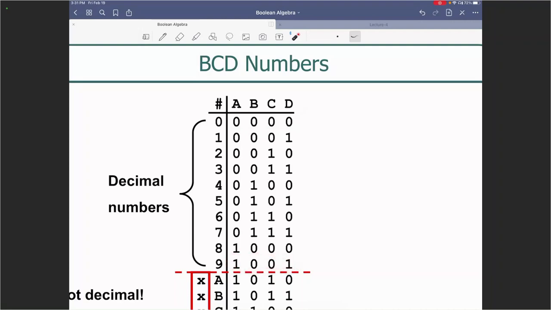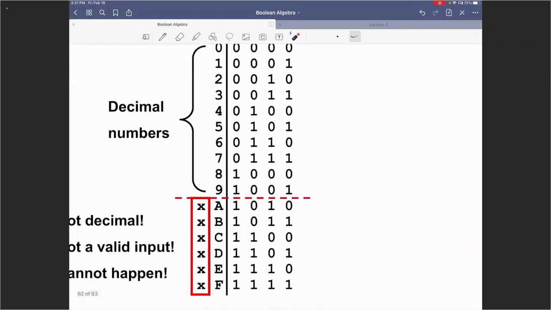Those are your 10 representations for symbols 0 through 9. However, with 4 bits you can have inputs of 1, 0, 1, 0 all the way down to 1, 1, 1, 1. You don't care about that. So you would associate a value of X, which represents a don't care situation.